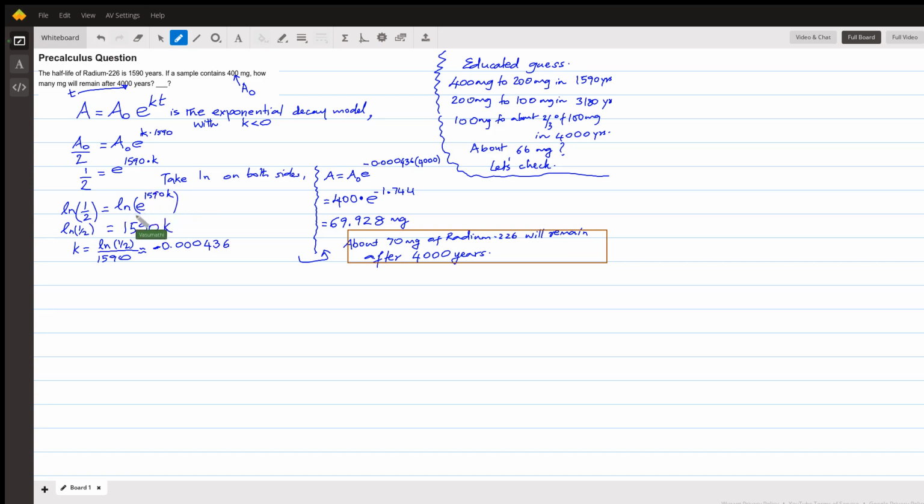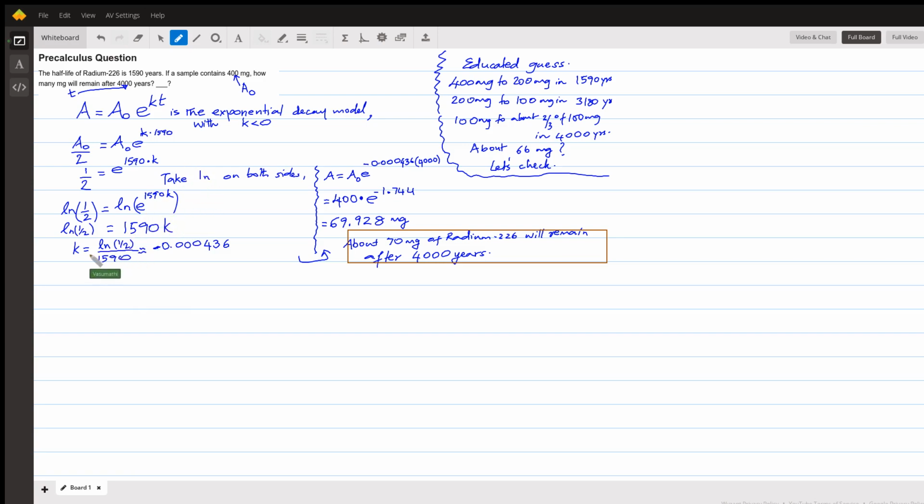So now on the right hand side, by the property of logarithm, log to base e, and then you have e to the power something, the e cancels with the natural log, and we just have 1590k.